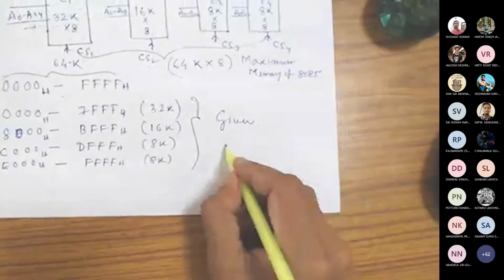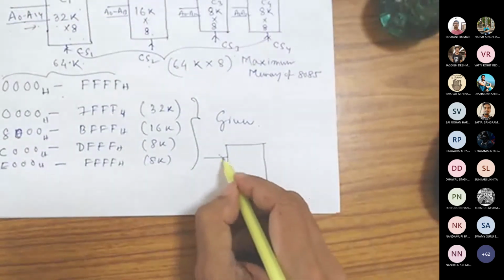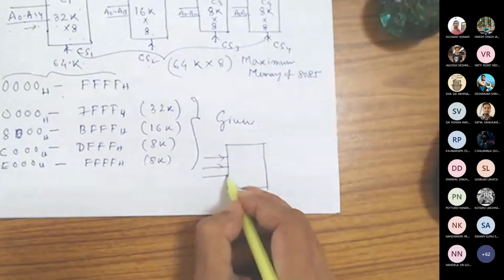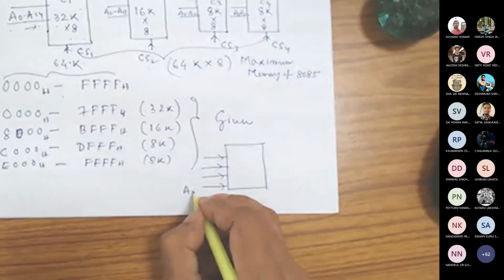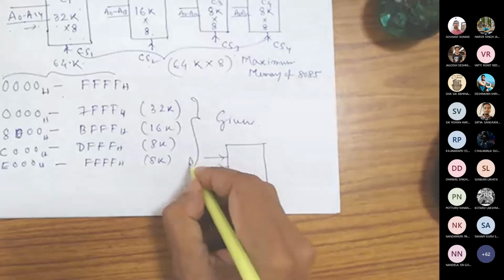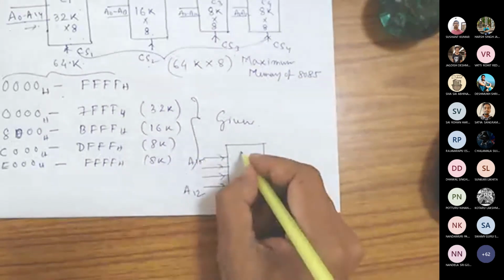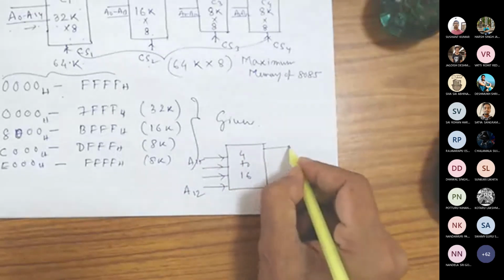Very simple thing. One way I'm telling is that you take the higher order bits, say A12 to A15, and you apply a 4 to 16 decoder.